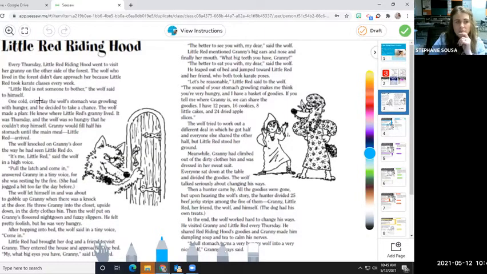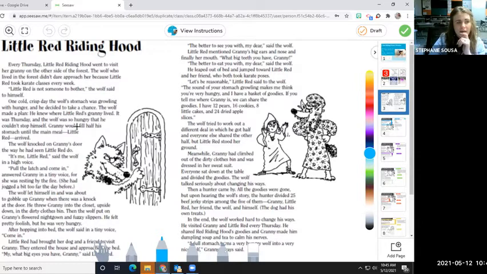One cold, crisp day, the wolf's stomach was growling with hunger, and he decided to take a chance. The wolf made a plan. He knew where Little Red's granny lived. It was Thursday, and the wolf was so hungry that he couldn't stop himself.